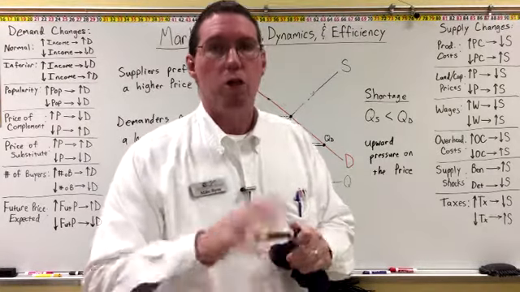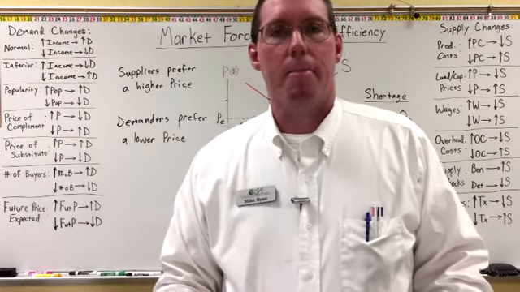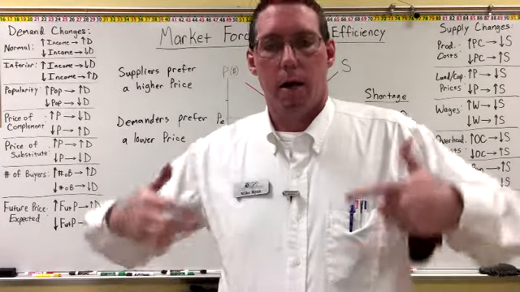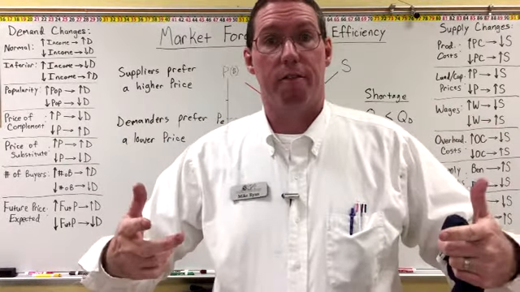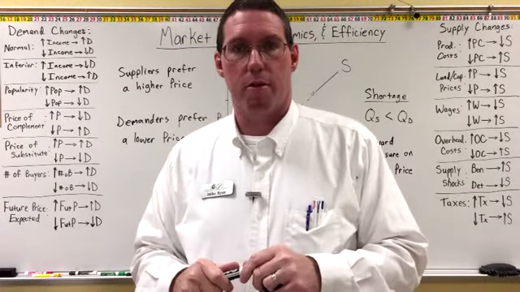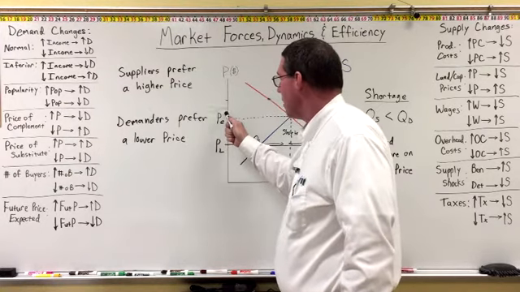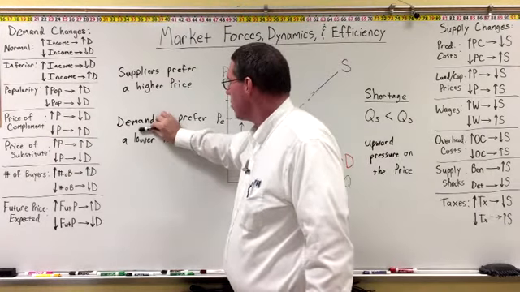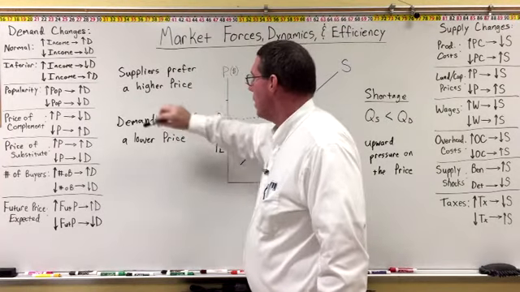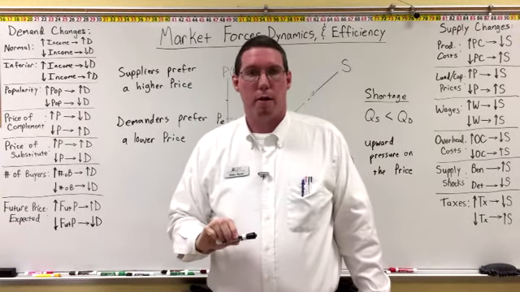It's not that everyone will be happy, it's that there won't be any more incentive for either the suppliers or the demanders to increase or decrease the price. So equilibrium price is that sweet spot, where enough demanders are happy with how low the price is, and enough suppliers are happy with how high the price is.